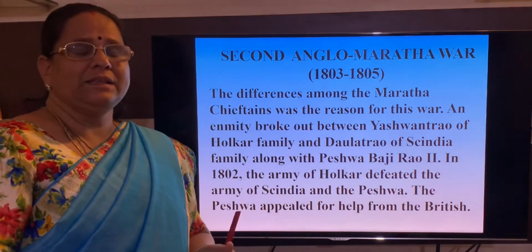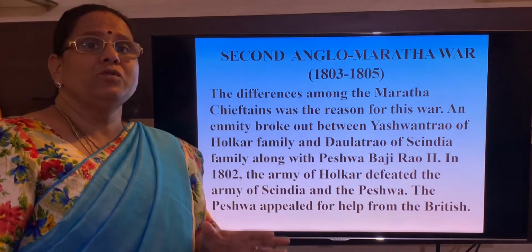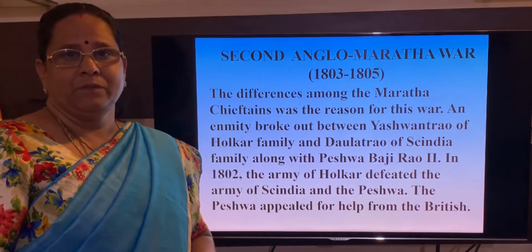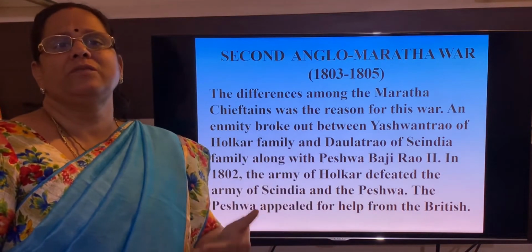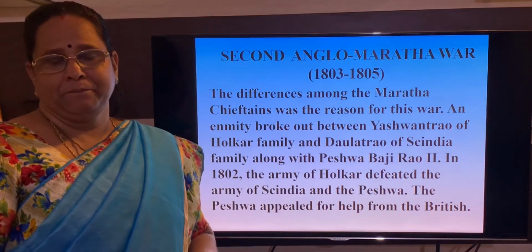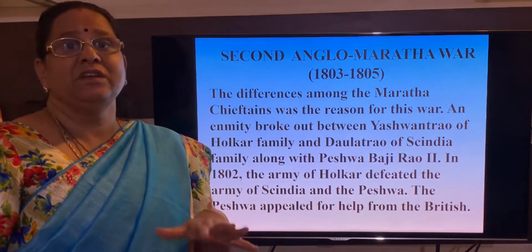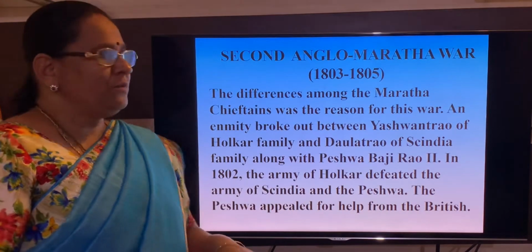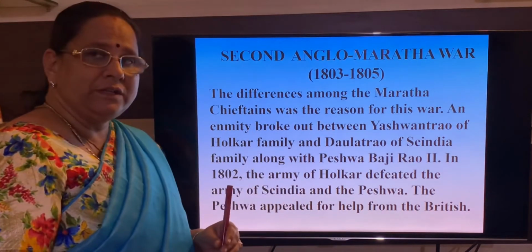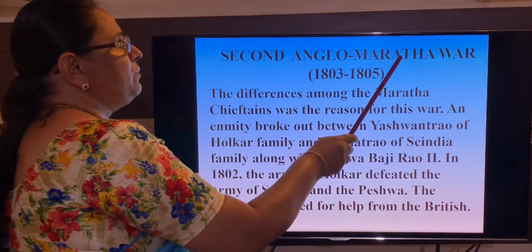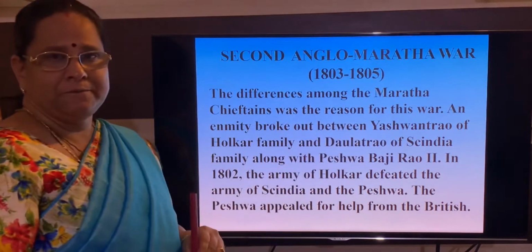When you say Maratha kingdom, it does not mean it was ruled by one particular person. It was divided into many kingdoms, and many rulers were ruling the Maratha. So many chieftains had differences. Due to this, the second Anglo-Maratha War took place.